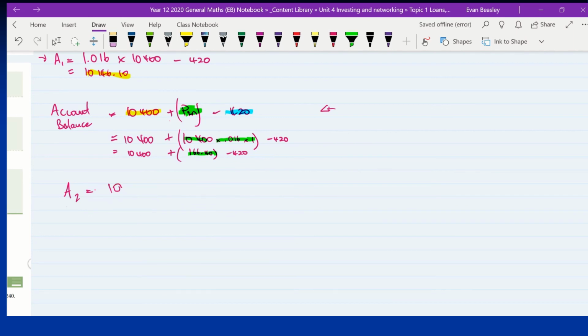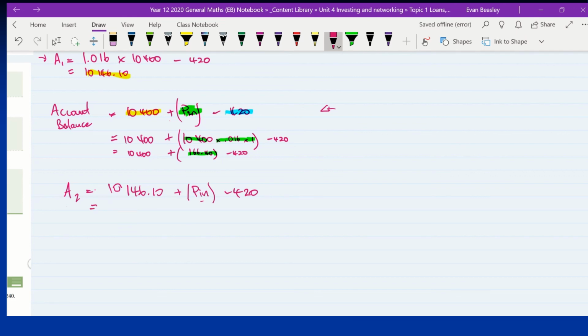It's doing weird things again. And 40 cents. And we're going to go, well, plus PIN. And minus that repayment of 420.